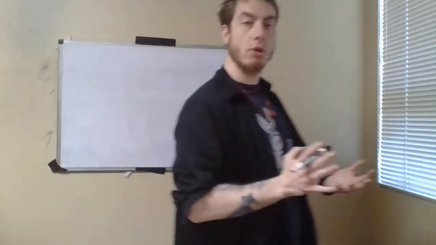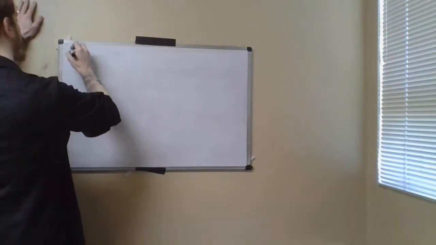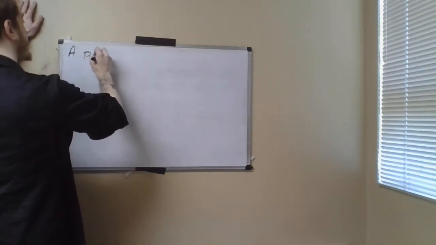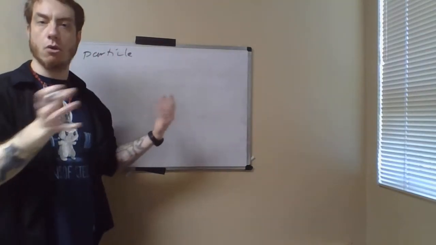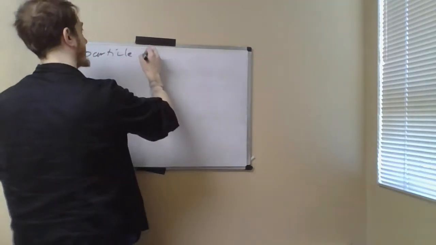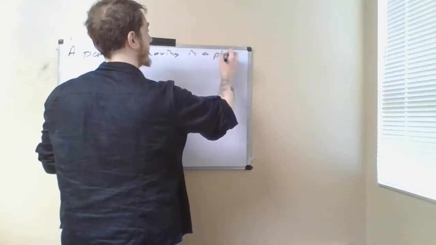They are natural to describe the following sort of situation. Let's suppose that we have a particle, or you can think of it as a small ball or something, moving in a plane.